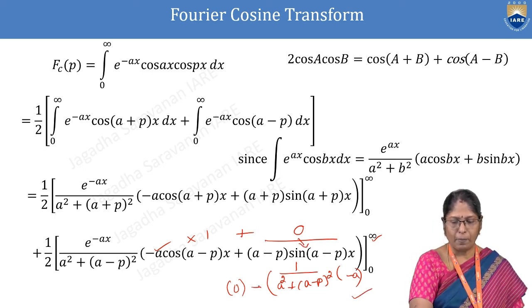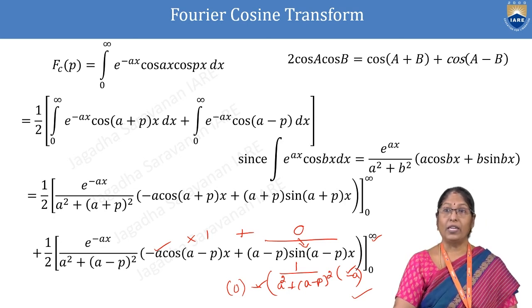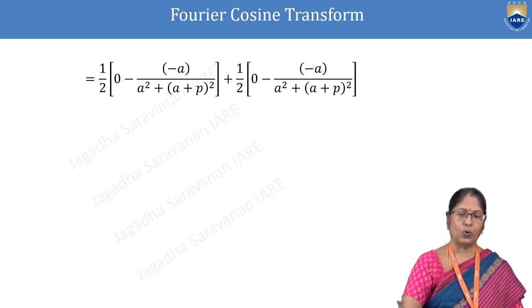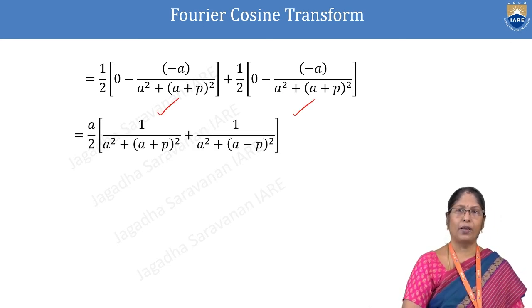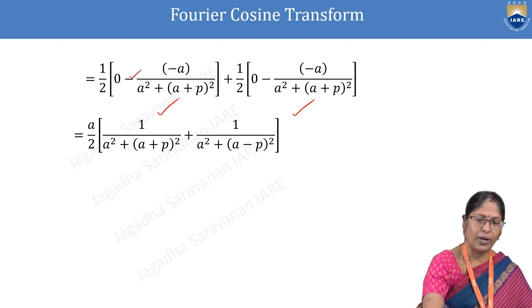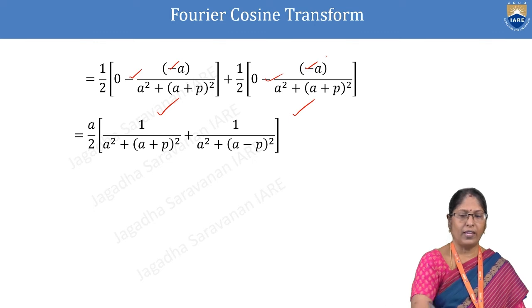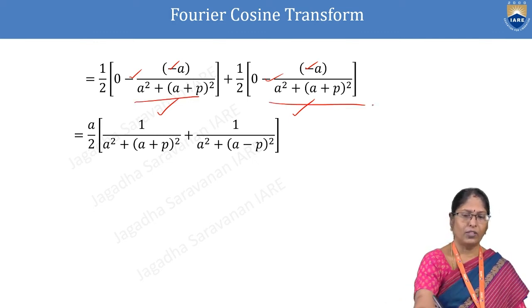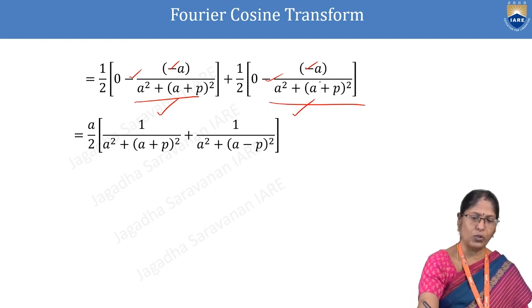Here we got it, minus into minus plus a by a square plus a minus p the whole square. That's what is written here. The next step, we know minus minus plus. Here also minus minus plus. This term and this term, the common factor is 1 by 2, and not only 1 by 2, a is also common.